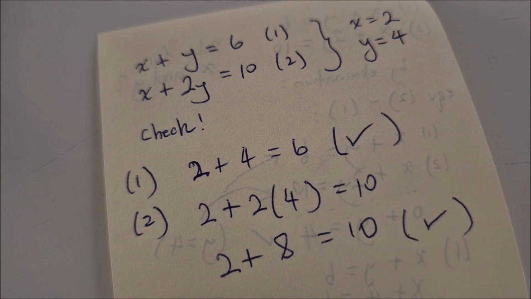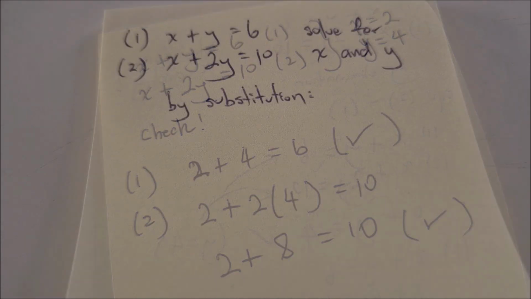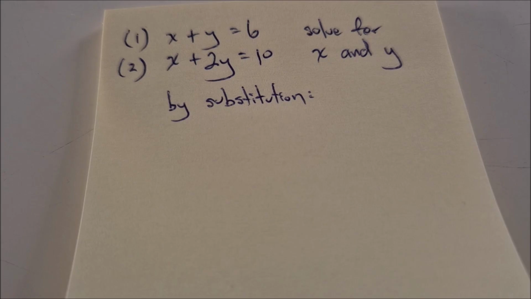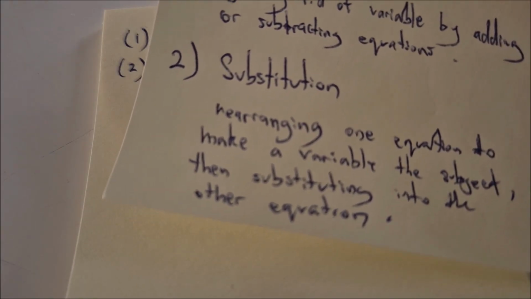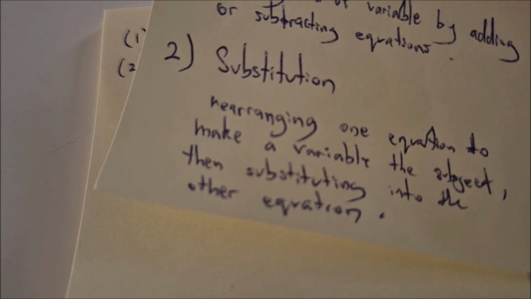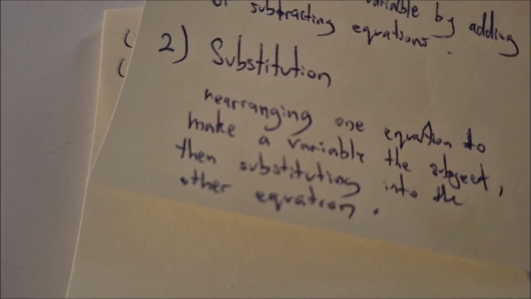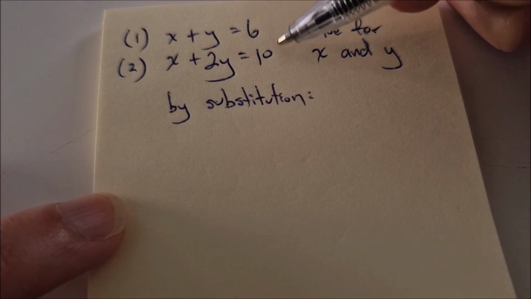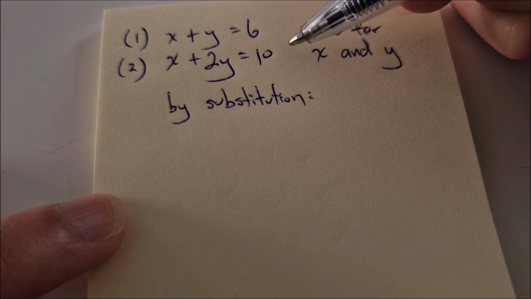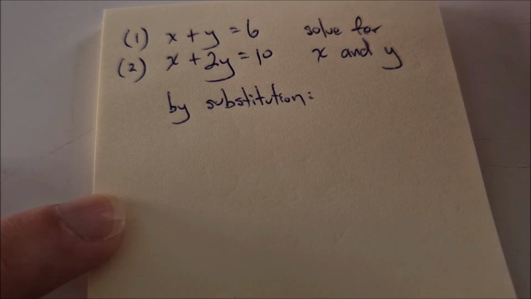Let's move on to how substitution would work. Alright, how would we tackle this by substitution? Well, remember that substitution is rearranging one equation to make a variable the subject, and then substituting into the other equation. So let's see how that's actually done here. We can rearrange any of these equations for any variable to make the subject. And again, it's always wisest to choose the easiest one for convenience.